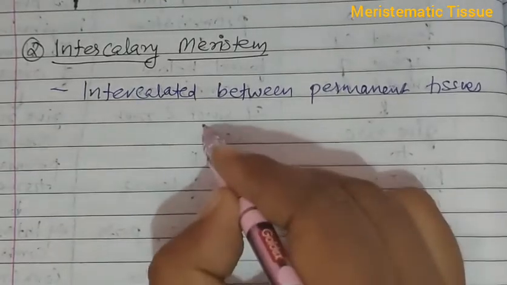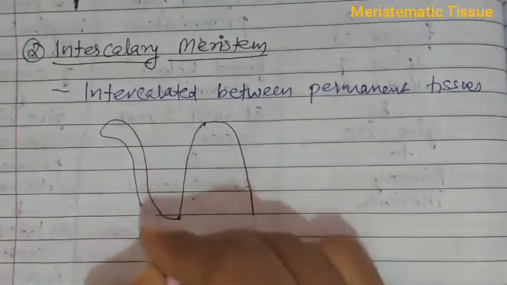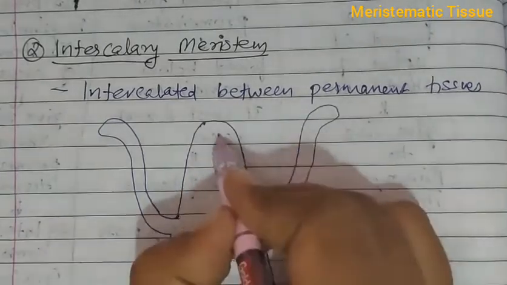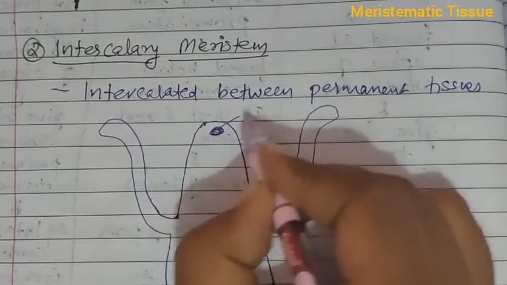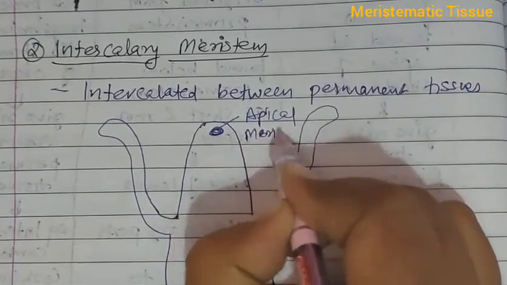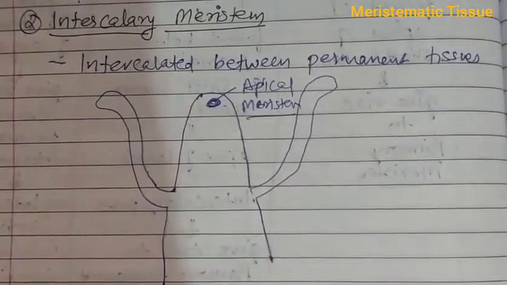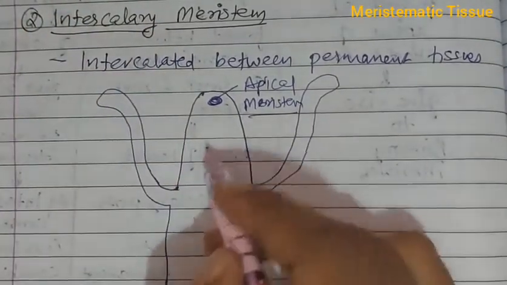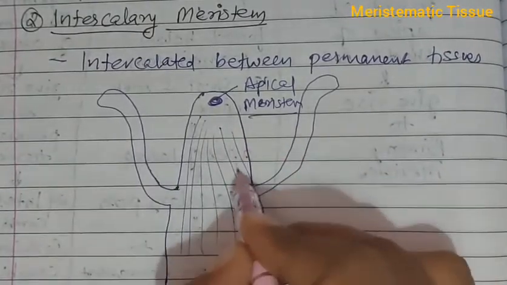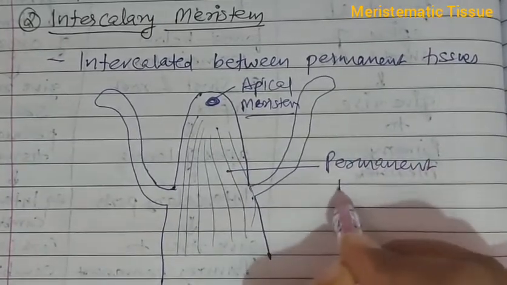What does that mean? Suppose this is the diagram of a plant. Here is the initial primordium, where you will find the apical meristem. In all this other part you will find permanent or mature tissue.